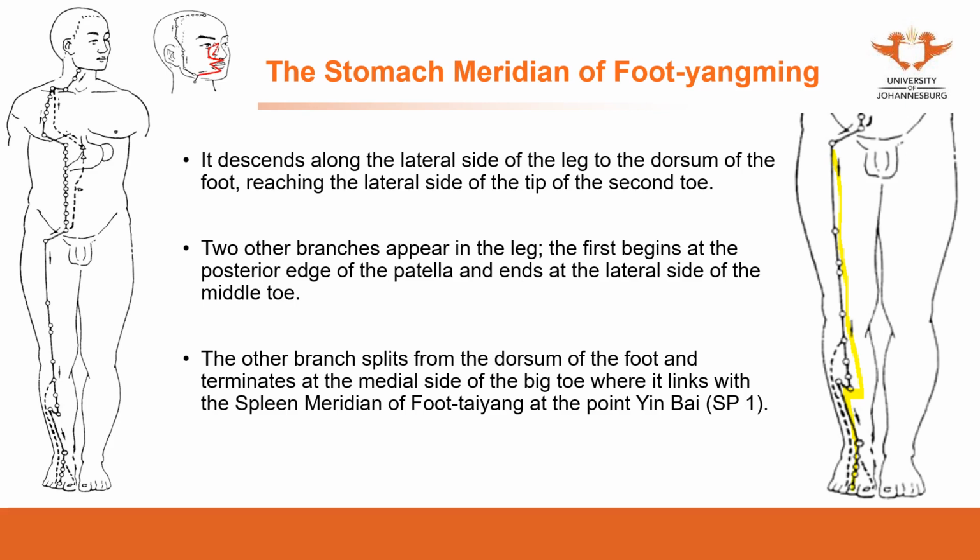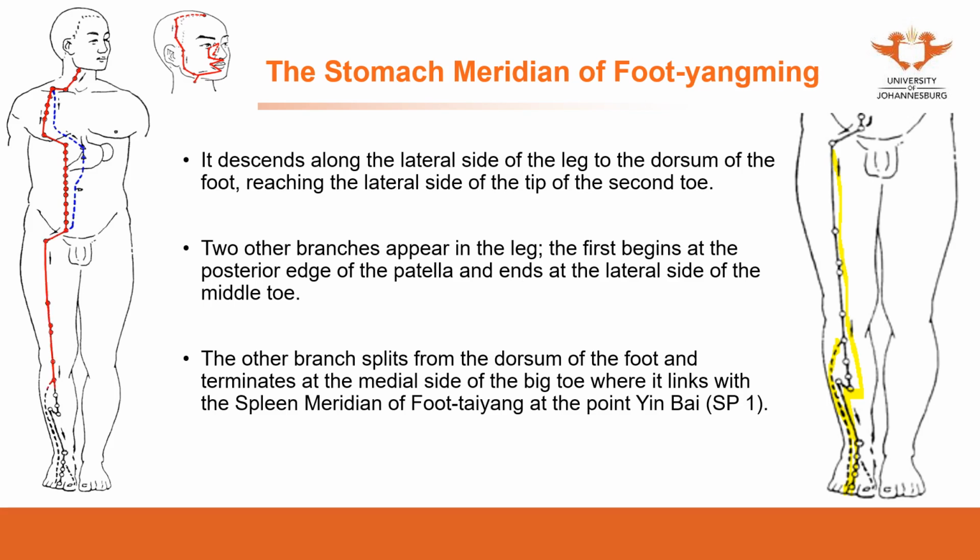And this meridian ends at the second toe of the foot. There's another branch on the posterior edge of the patella. It goes all the way down and ends at the middle toe.